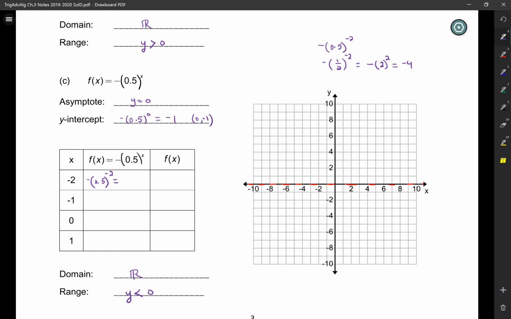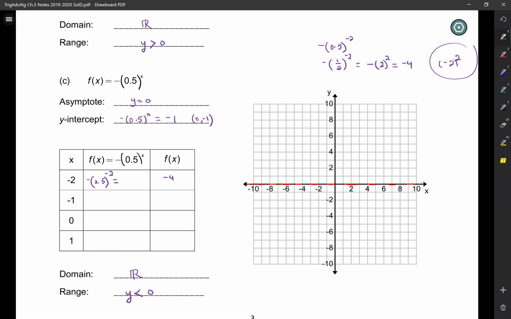Okay, who does the exponent belong to? The 2, the negative, or both? Just the 2. It would belong to both if it was like this. If it was like that, it would belong to both. Okay? So that's -4. Okay.